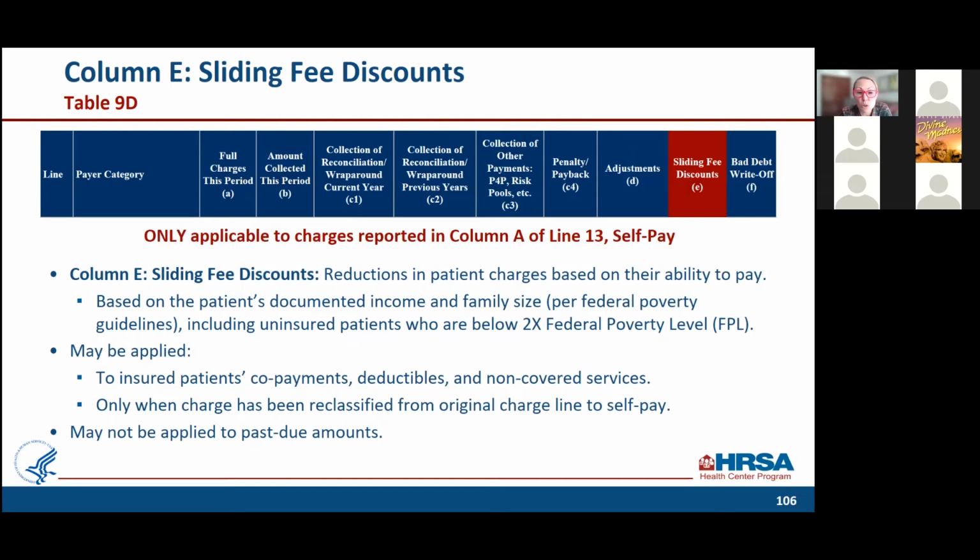Column E is only reported on the self-pay line because it's the reduction in the patient pay portion of the charges. It's grayed out for all other payers. Again, sliding discounts must be based on your discount schedule and applied at the time of service. They can't be applied to past due accounts.